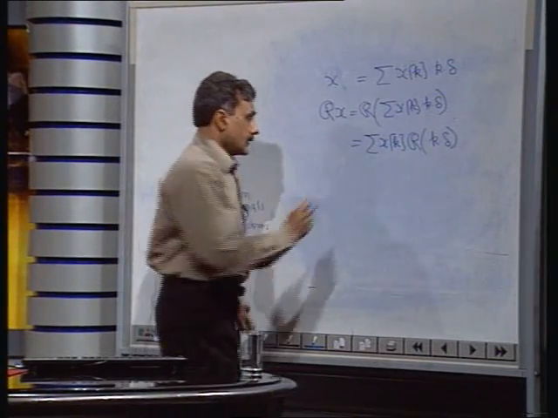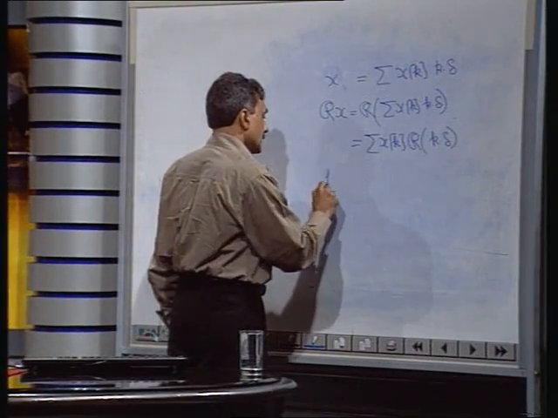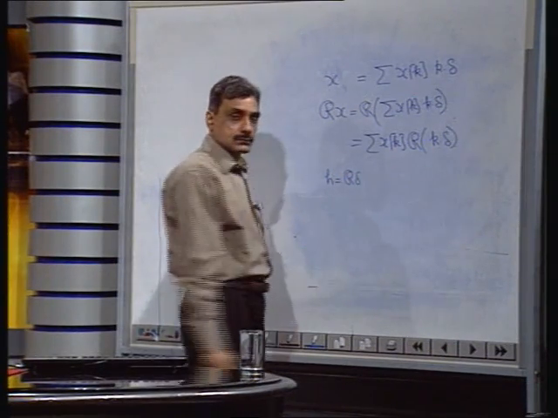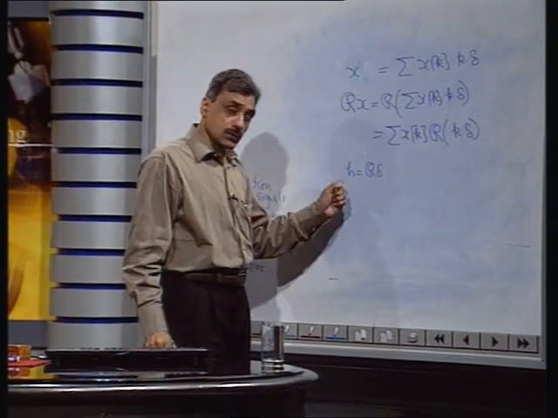Suppose I denote h to be the response of the system to delta. Okay, h is also a map.